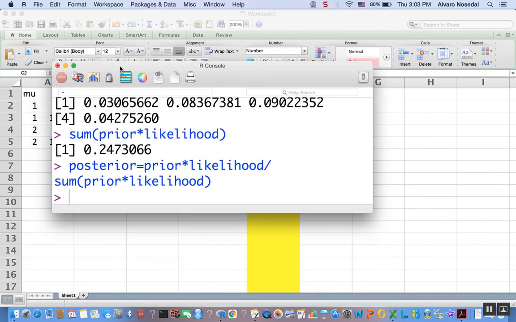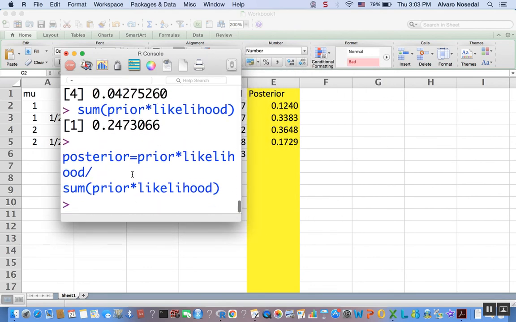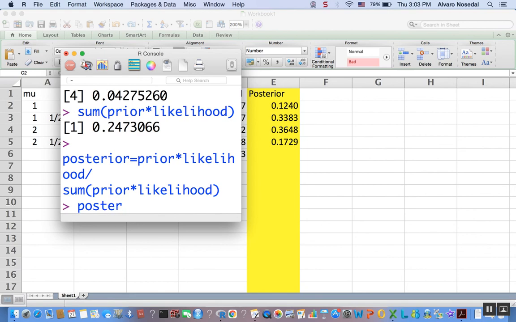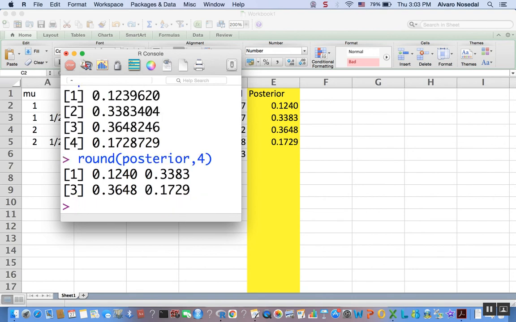So now let me compare our posterior with the one that we get from R. See? And if you want to round your posterior to say 4 decimal places, you could do it like that. And that's it. First entry, this one, second entry, that one, so they match. Make sense?